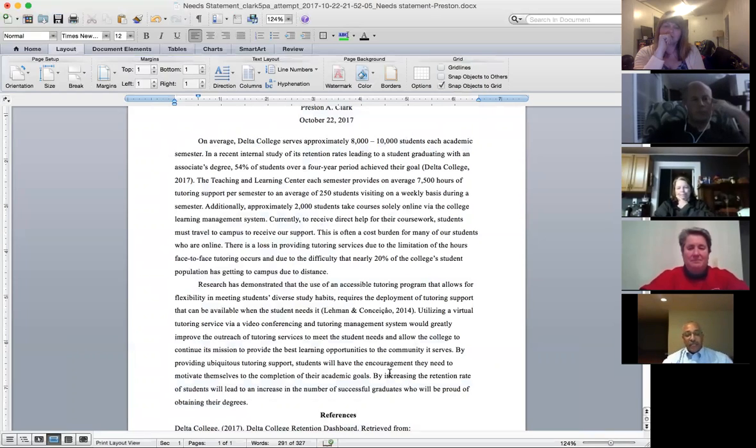Well, the interesting thing is that what we're beginning to see in the college is that there's a big movement on retention, and what I should have said is that historically community colleges have had low retention rates for students.